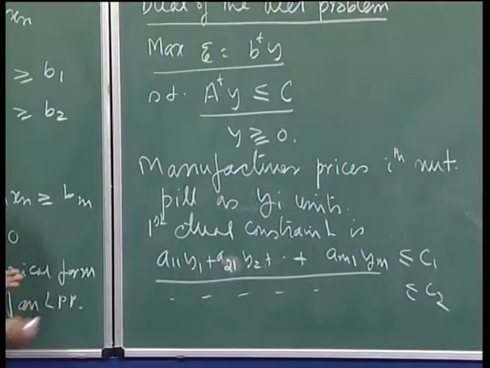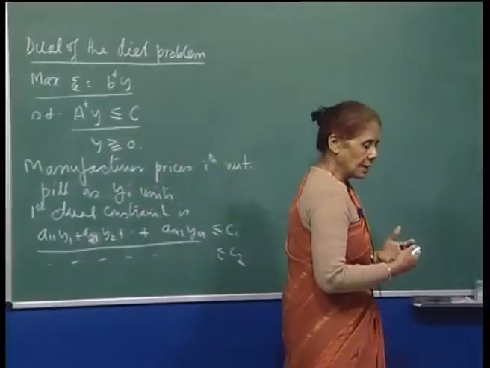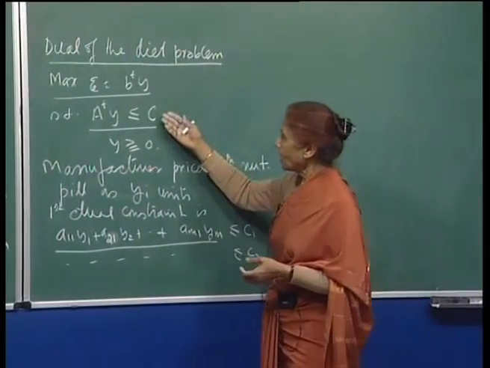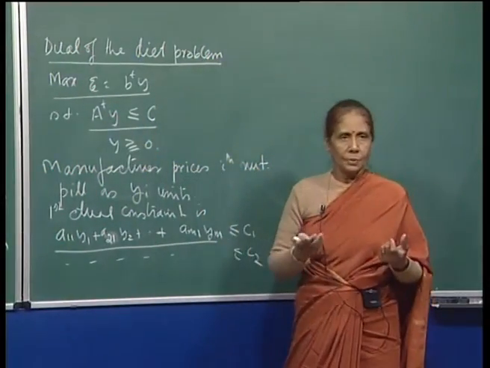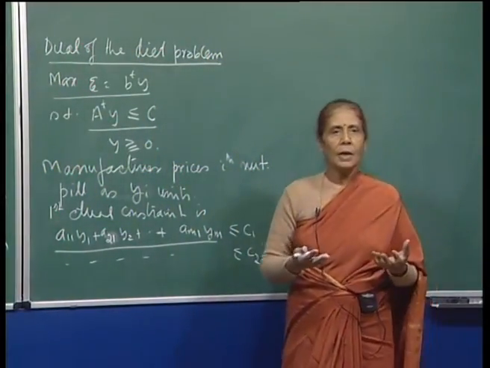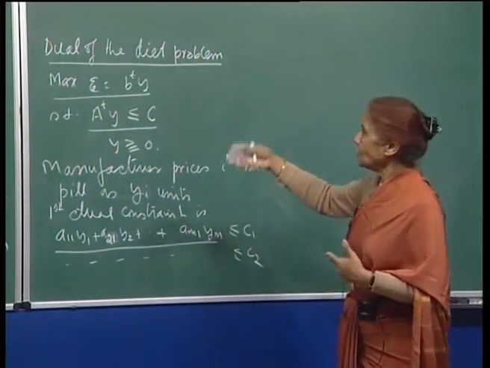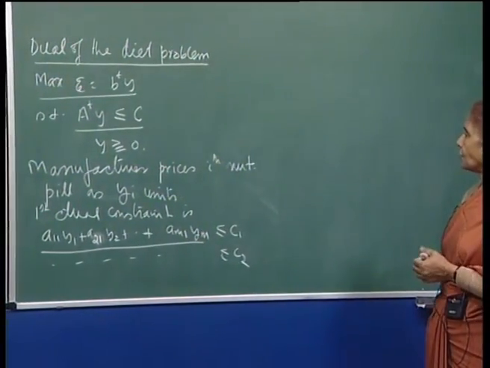So, the dual constraints give you a nice way of looking at the constraints here: you are comparing the actual price of the food in the market to the worth of the food in terms of the nutrients it contains. It can be some other scenario, and therefore some other interpretation, but this is the kind of thing one will do, right.